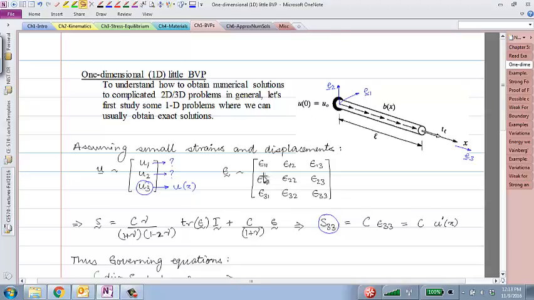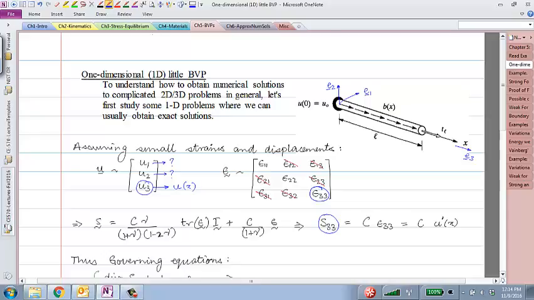What about the strains? Would there be any off-diagonal components for this strain? Any shear strains in this bar? No. In the uniaxial test, we did not get off-diagonal strains. So indeed, all of those would be 0. And as I said, the main strain that we are looking for is this E33.